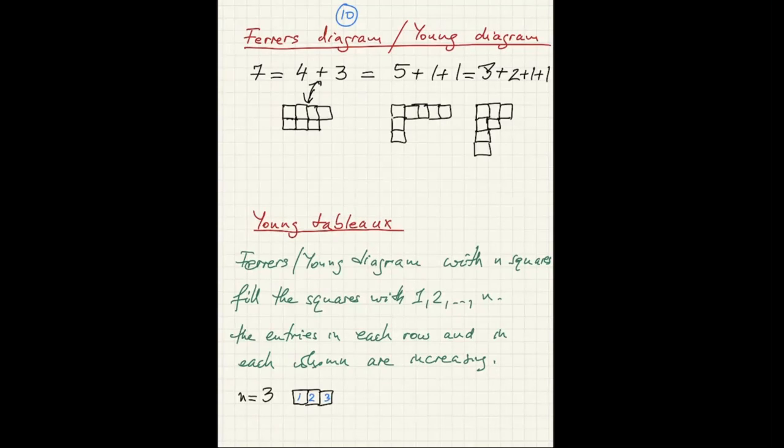Now, if we have a different one like this, then you can do 1 here, 2 here, 3 here. Or you can do 1, 3, 2, and so on.